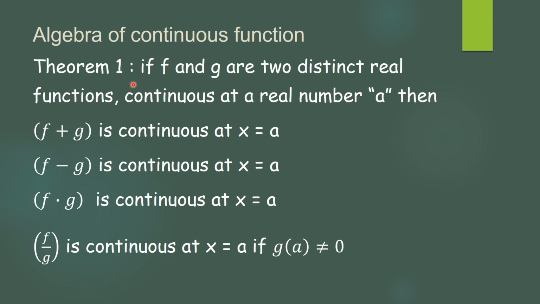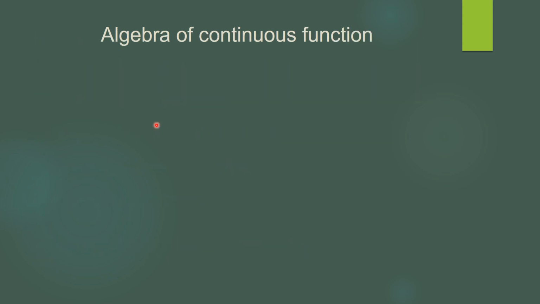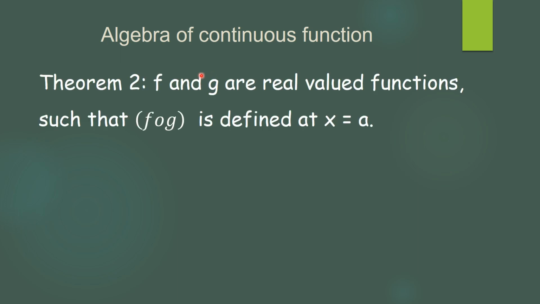Now we can go with theorem 2, but before that, what is meant by a composite function? Last year we studied f over g, read as fog, and g over f, gof. Every time fog and gof may exist or may not exist. So that is a condition required. Unlike the algebra of continuous functions, here we are going for the composite function. So f and g are real valued functions such that fog is defined at x equal to a.